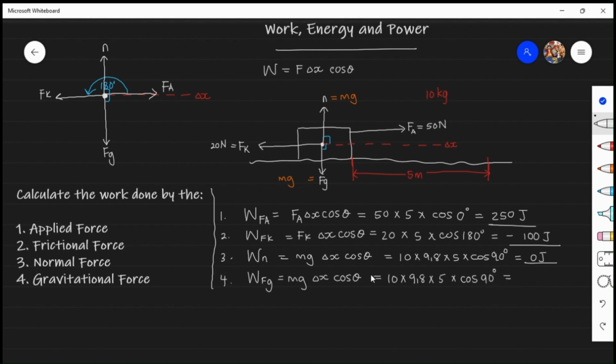Now, someone might wonder, why did we go in the clockwise direction for Fg, whereas in all the other examples where it was applied force, normal force, and kinetic frictional force, we went in the anti-clockwise direction.